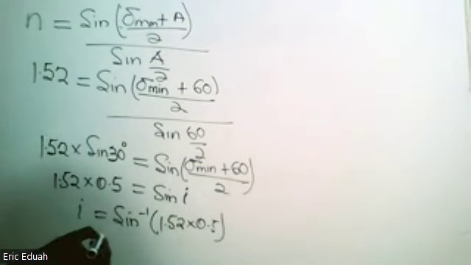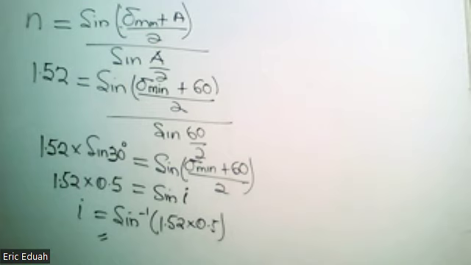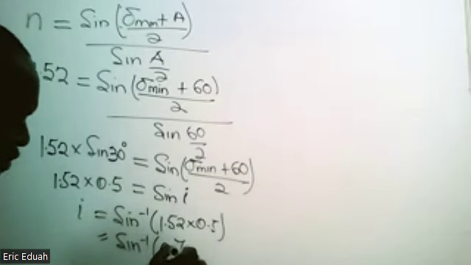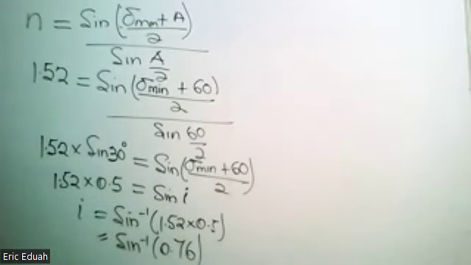Give me the sine inverse of this thing, all this within the brackets. What's the result? 0.76. So sine inverse of 0.76. What's the answer? 49.46.